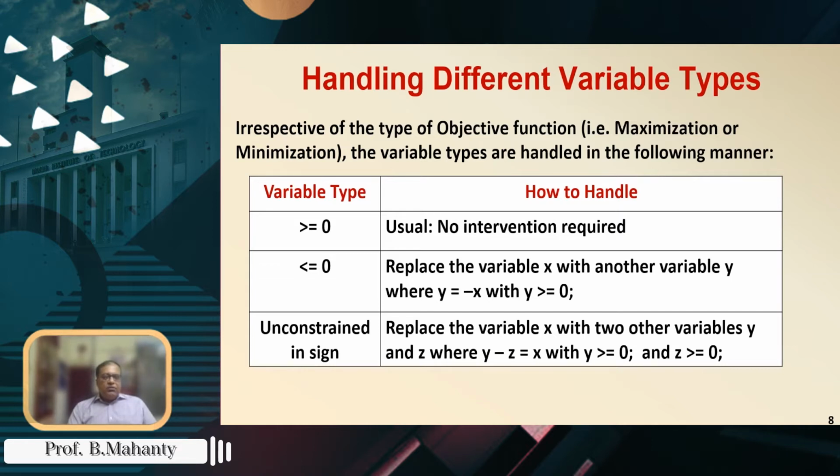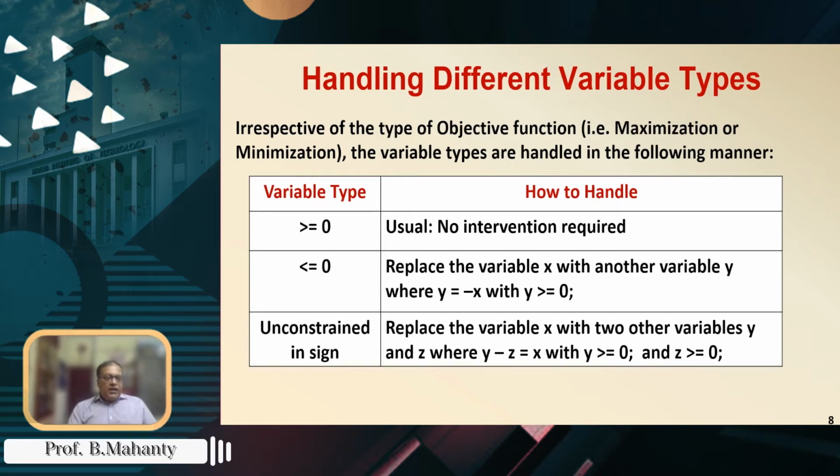So wherever x is there, replace it by y, where y equal to minus x. So in the transformed problem, we have a situation where all the variables are greater than equal to 0. So no problem at all.